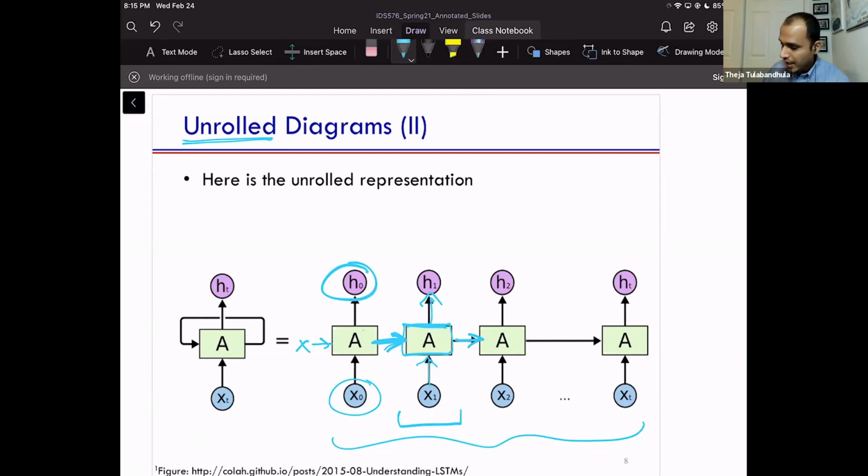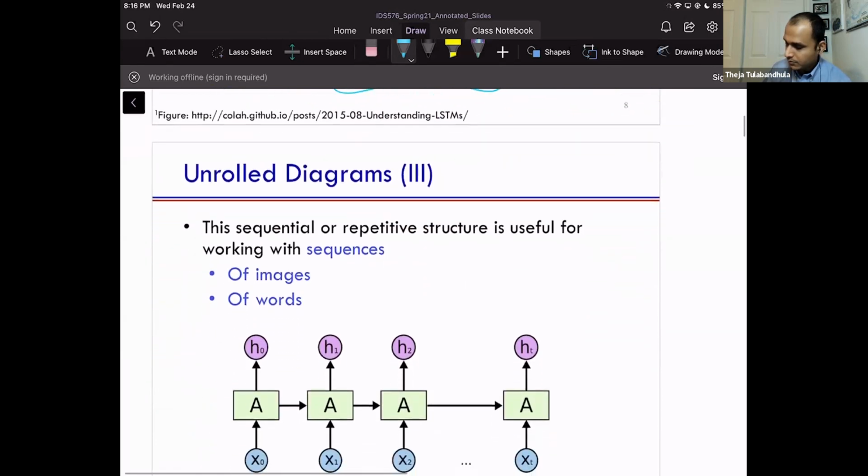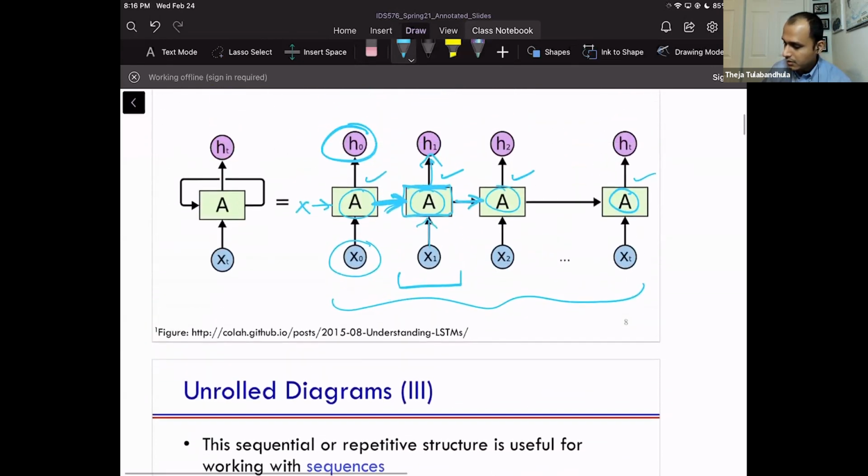If you see here, I'm using the same letter A everywhere, by which I mean that I will use the same parameters in all these steps, or all these function applications. Let's call this theta. Then it's the same parameter theta, and theta.